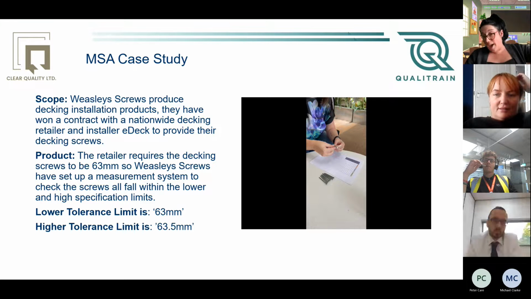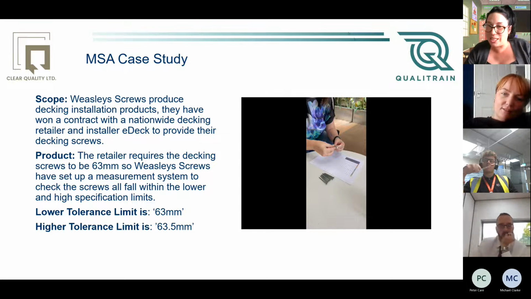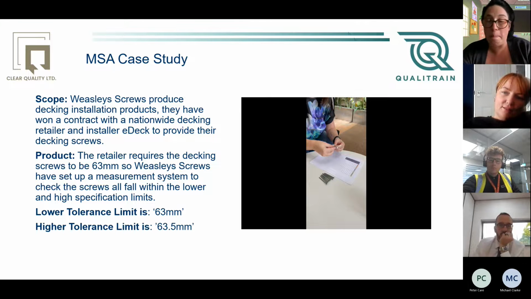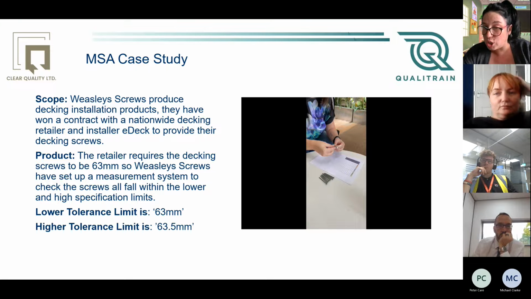Now, one thing, from my experience of doing these case studies and working out the best way to present the data, I can tell you the bigger the gap between your lower and higher tolerance limit, okay, the more skewed your data will become. So you need to keep that tolerance quite low.